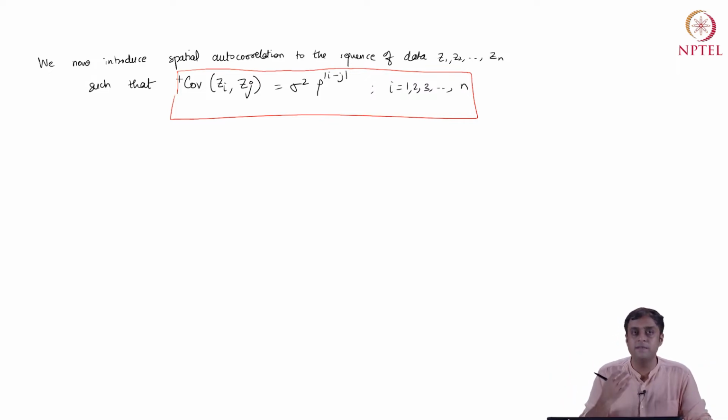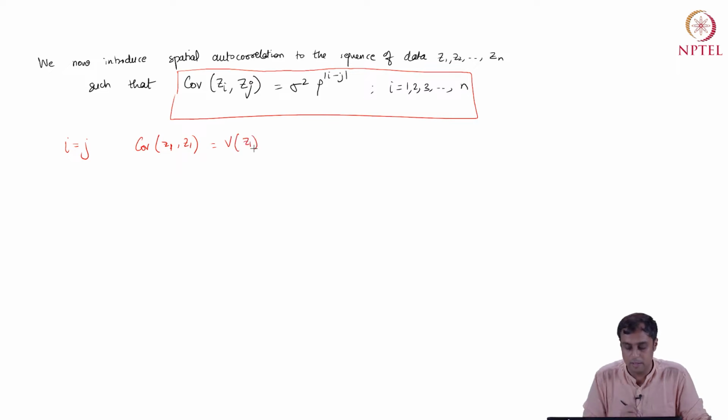So now this gives us two distinct cases. One is when i is equal to j, that is, let's say we are talking about the covariance of Z1 and Z1. Now the covariance of Z1 and Z1 is nothing but just the variance of Z1. This definition says that it's going to be sigma squared rho to the power 1 minus 1, which is sigma squared rho to the power 0, which is just sigma squared.